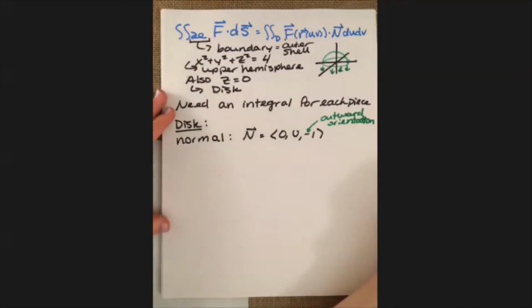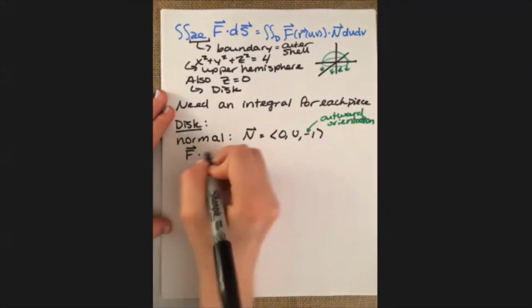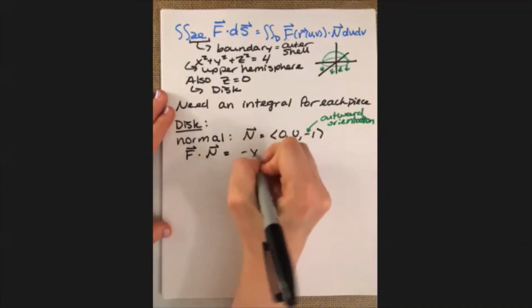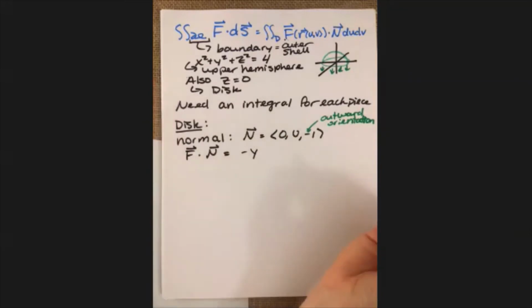So if I dot this with n, or with f, what I'm going to get is negative y out of that. So really the only piece that I have to worry about translating over is just the y component there.